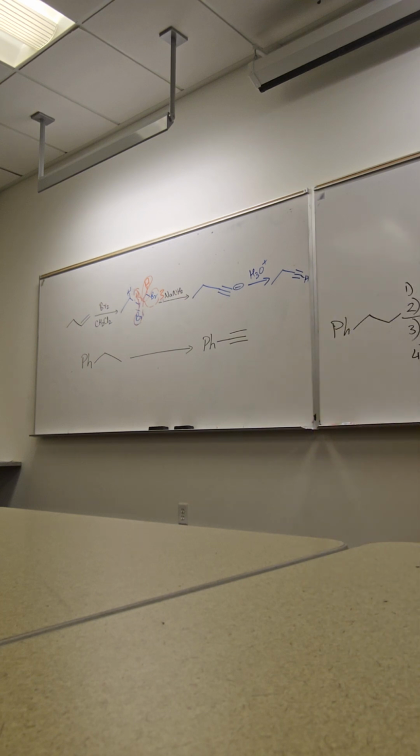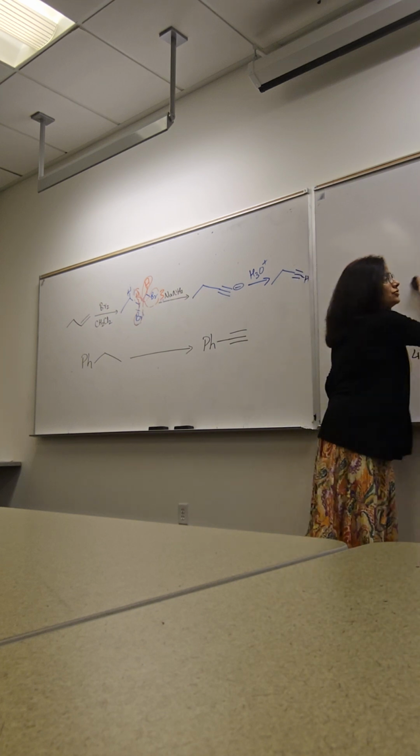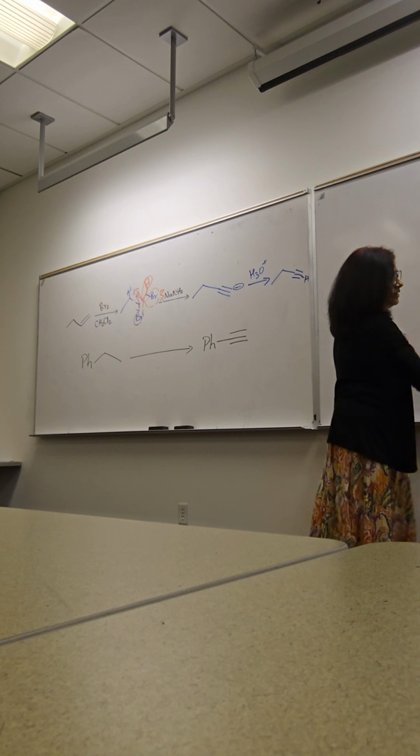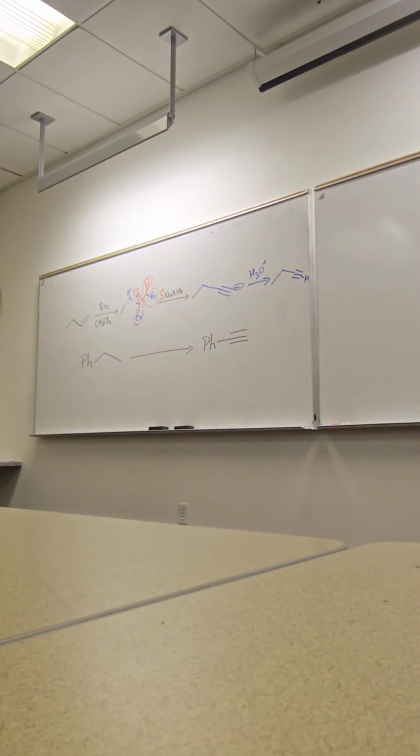Now, internal alkyne, we don't have to worry about it because there are no acidic hydrogens. The triple bond is on the inside of the chain. There's no danger of a proton being taken away. Terminal alkyne, we have to worry about it quite a lot.